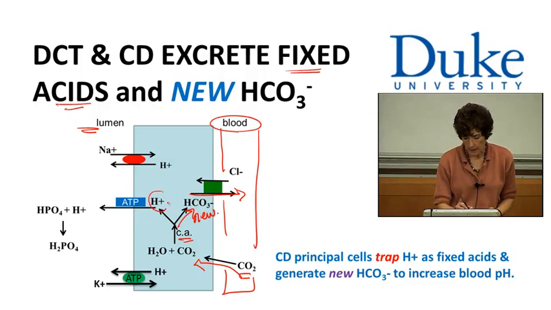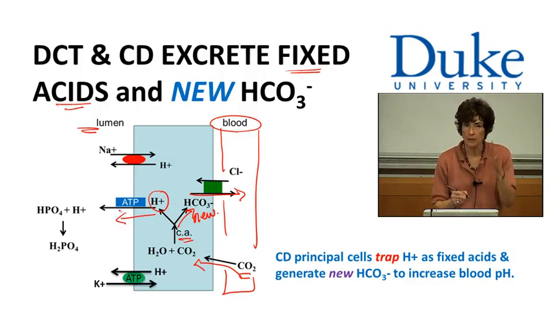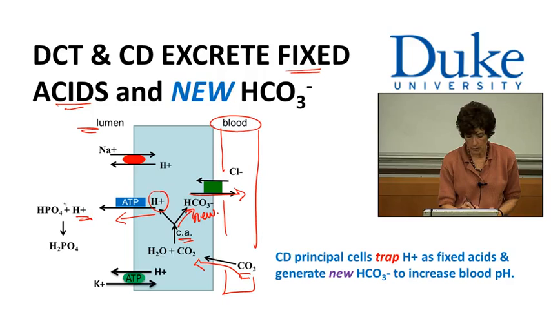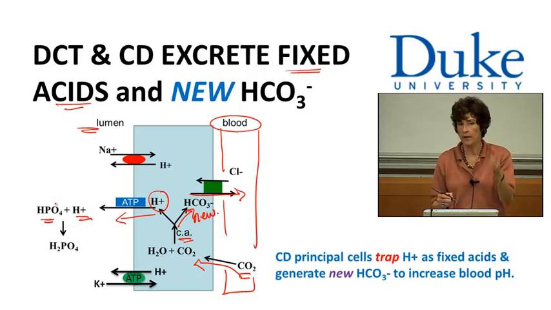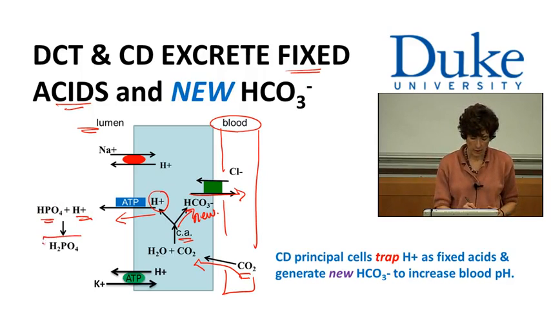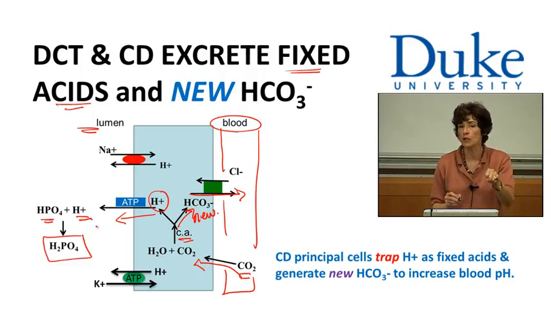The proton is going to be extruded into the lumen of the tubule in this region, and that free proton can now bind to the phosphate or the sulfates and so forth. And once it's bound, of course, then it's no longer contributing to pH. Okay, it's no longer a free proton. And so we trap this proton, and it is extruded into the urine.